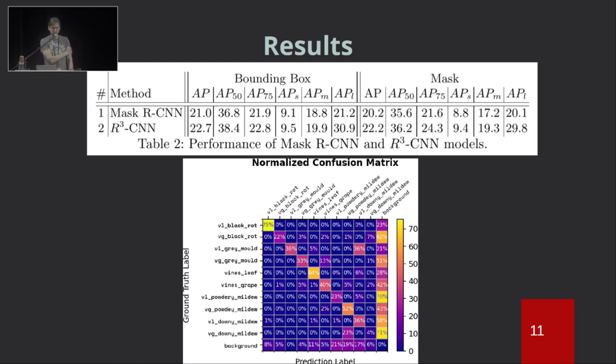So here we tried some models as a baseline. We tested the well-known Mask R-CNN models, but we also tested our model called R3 CNN, which takes advantage of cascade architectures but with the same size and the same components as the original Mask R-CNN.